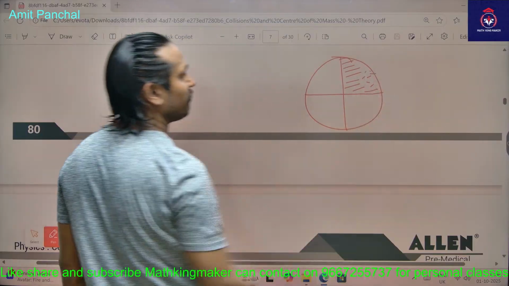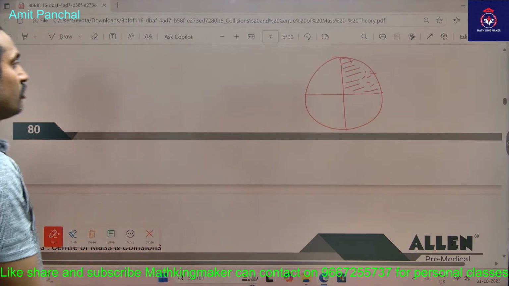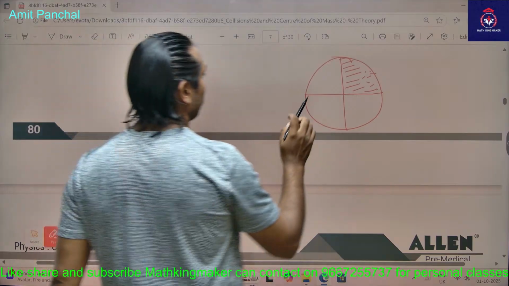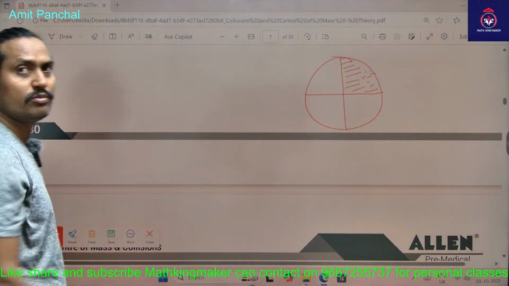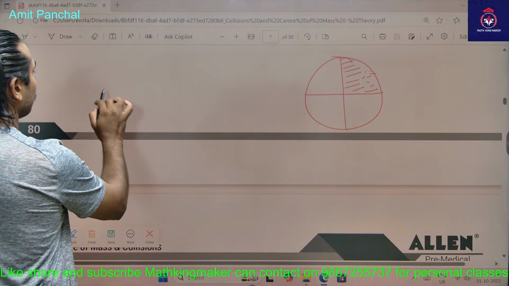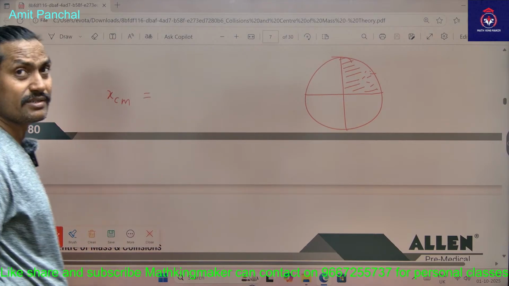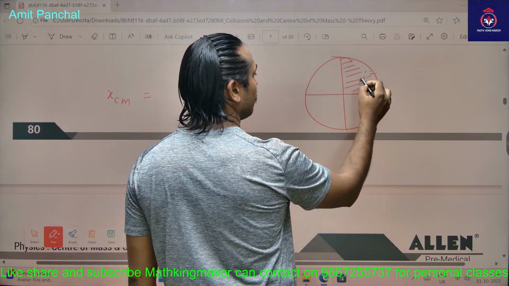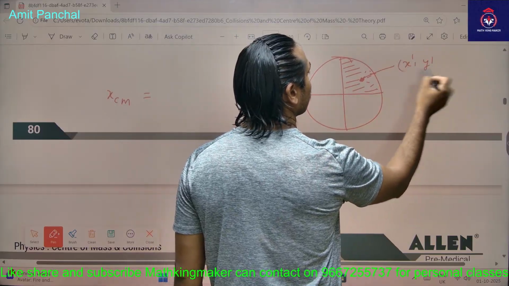What will be the line of symmetry of this remaining part? First of all you find the center of mass of the entire circle, and then you subtract the center of mass of the removed portion, let us say x', y'.